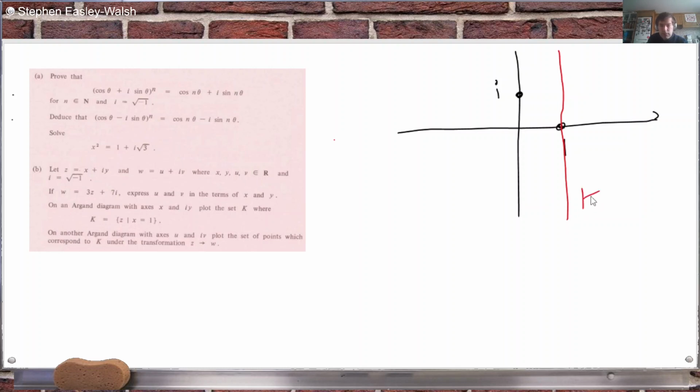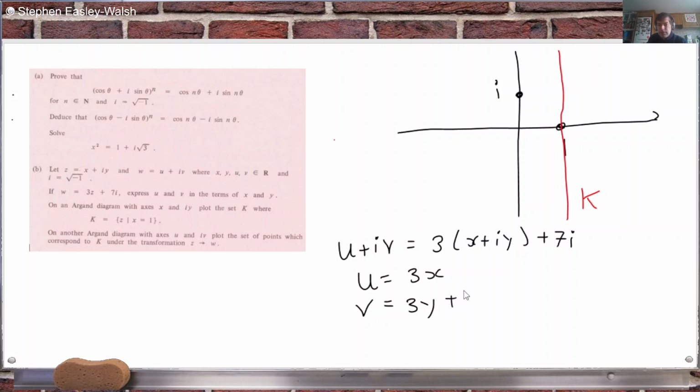Okay. Now express u and v in terms of x and y. Great. Okay, so w, which is u plus iv, is equal to 3z, which is x plus iy, plus 7i. So that means u will equal 3x and v will equal 3y plus 7.